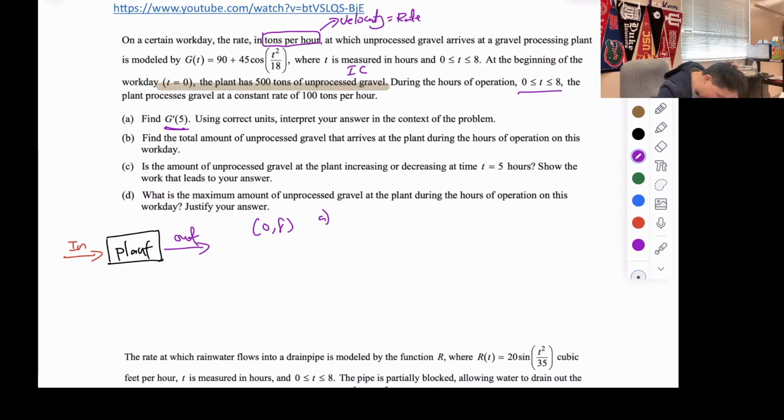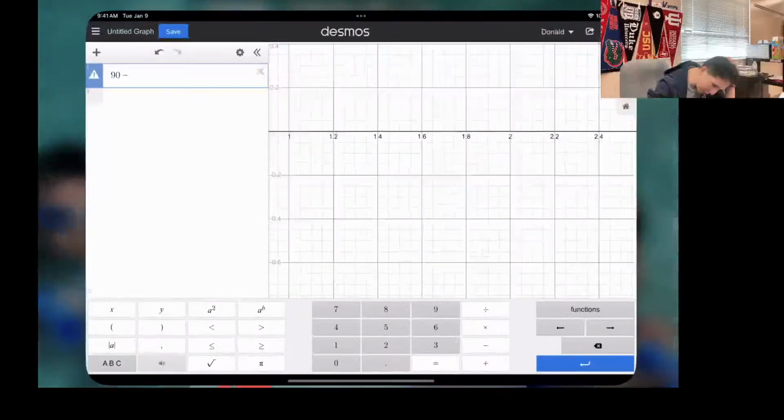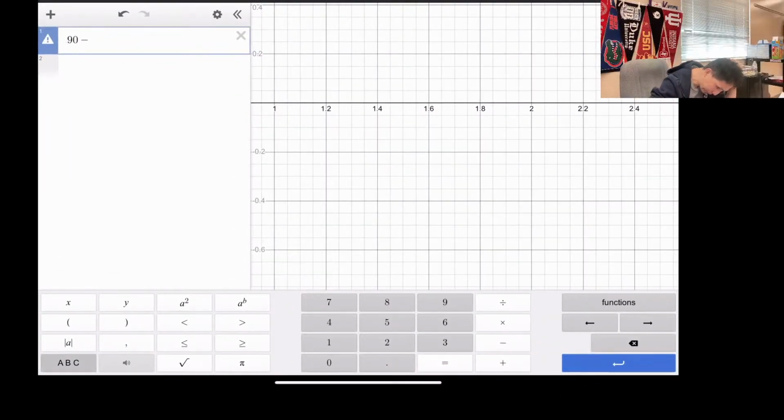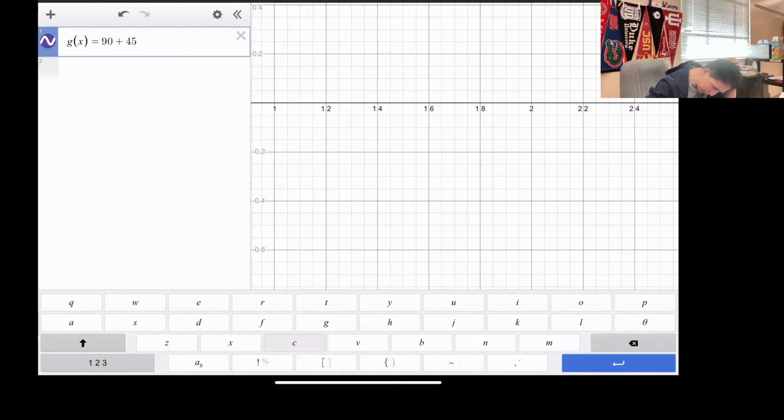So I can say G of t is equal to 90 plus 45 cosine of t squared over 18. And I'm going to do G prime of t. Do I calculate by hand or do I use a calculator? Well, I use a calculator. What was the function? 90 plus 45 cosine of t squared over 18.